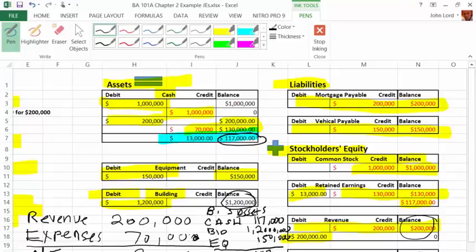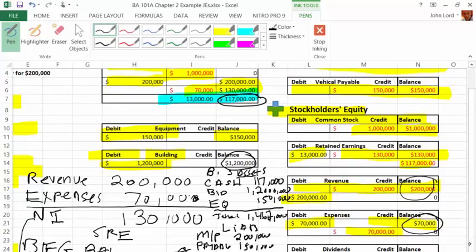The vehicle payable, I'll just call it payable. 150. Any other liabilities? So our total liabilities now, even I can figure that one out of my head, is 350. That's my liabilities.